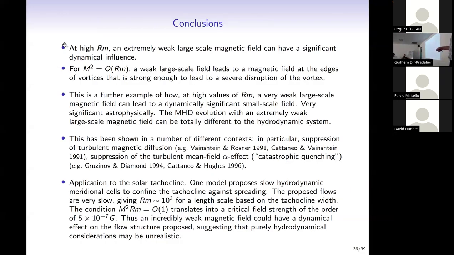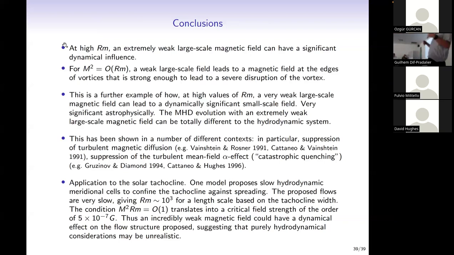So I would say the message is that one needs to be careful about hydrodynamic explanations of astrophysical things. For example, there are models of confinement of the solar tachocline which involve hydrodynamic vortices. But there is magnetic field floating around in the sun for sure.